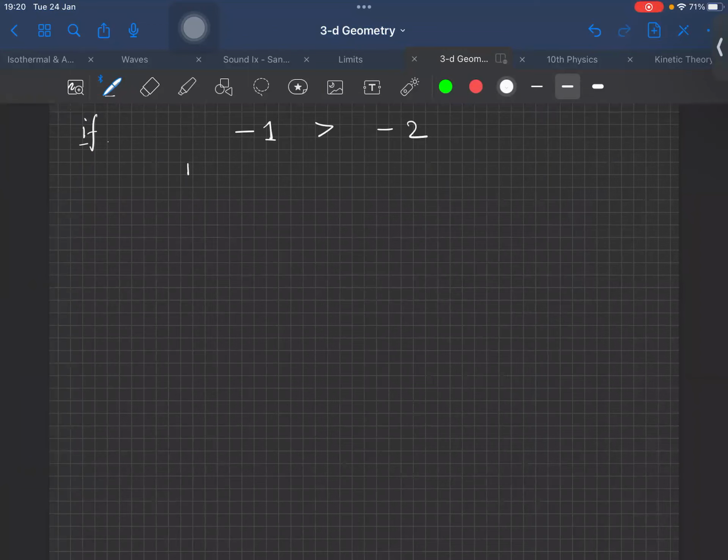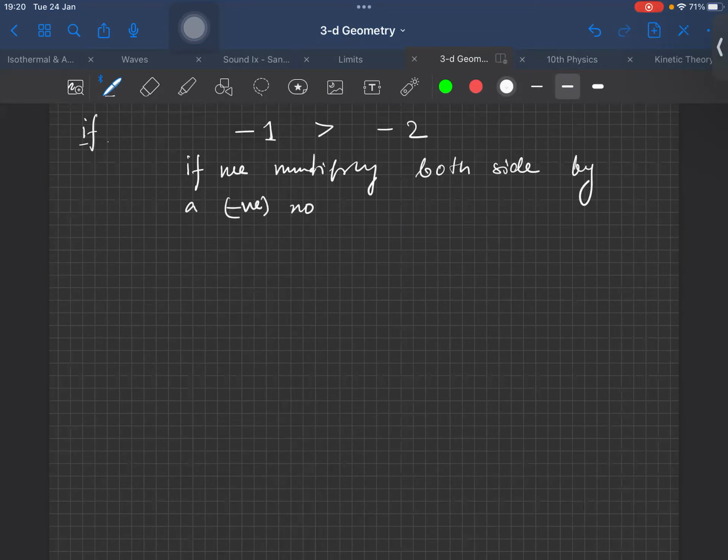So if we multiply both sides by a negative number, the sign will reverse.